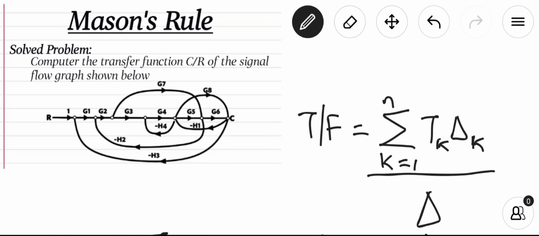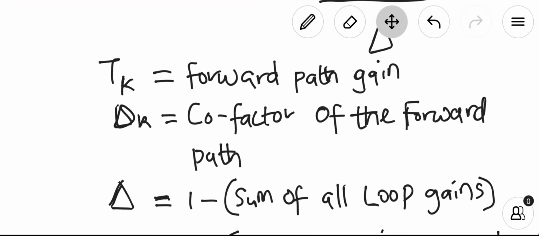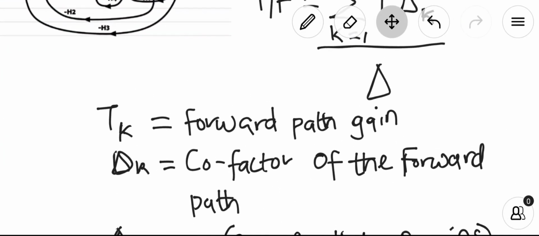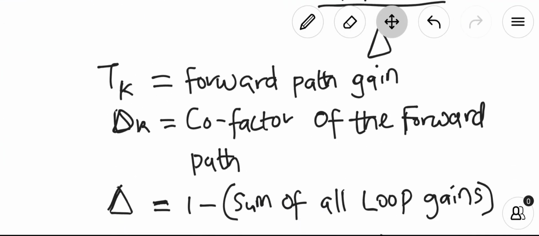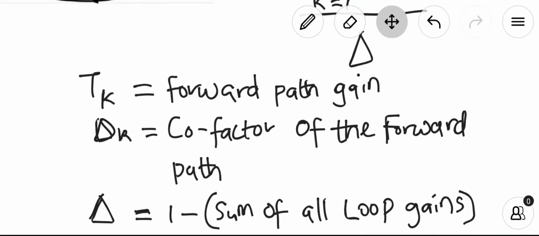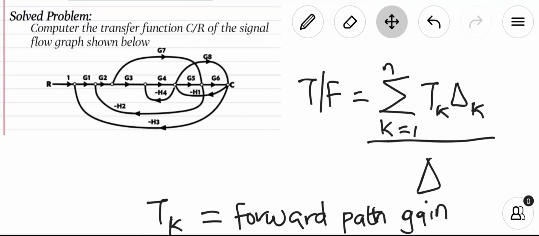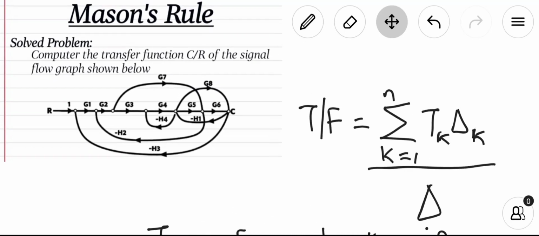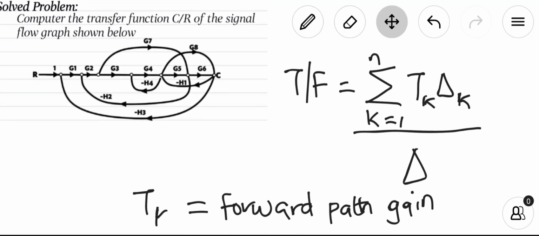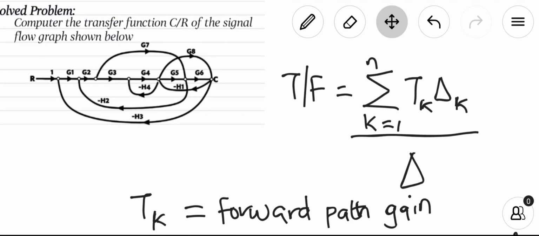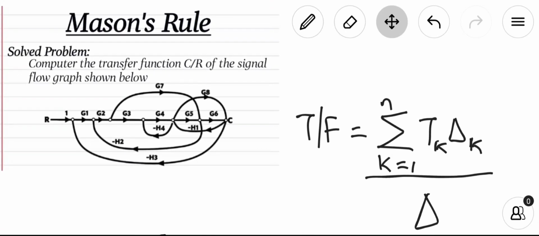Using Mason's rule, the first thing to find is the forward path gain, which is T. For different signal flow graphs you have different numbers of forward path gains.